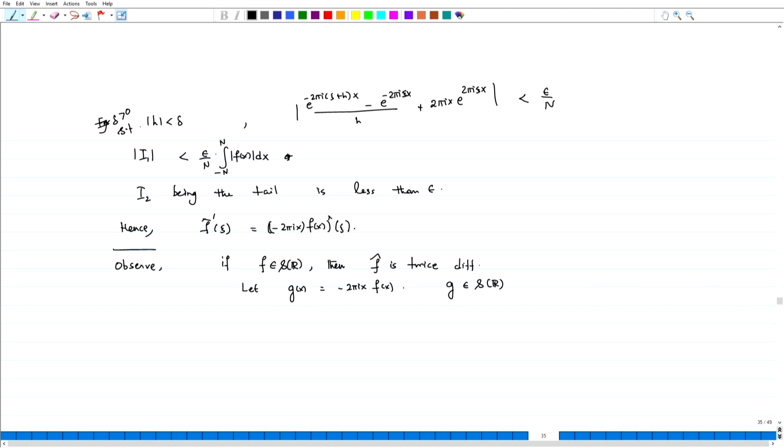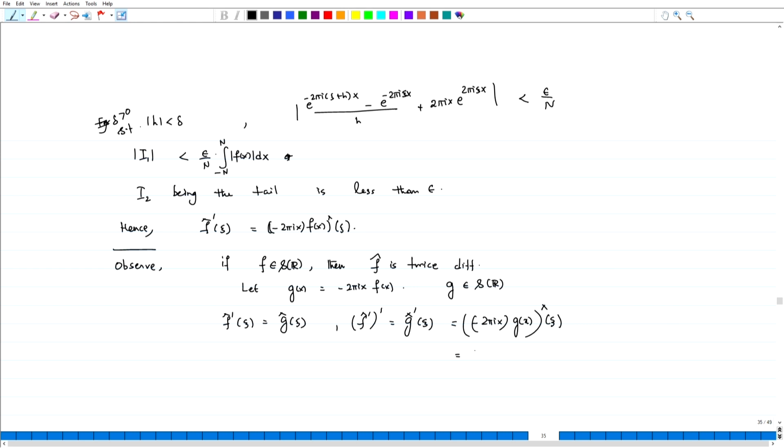Now f hat prime of xi is equal to g hat of xi, that is differentiable. Therefore, (f hat prime) prime is equal to g hat prime of xi, that is equal to the Fourier transform of minus 2 pi i x g of x at xi.